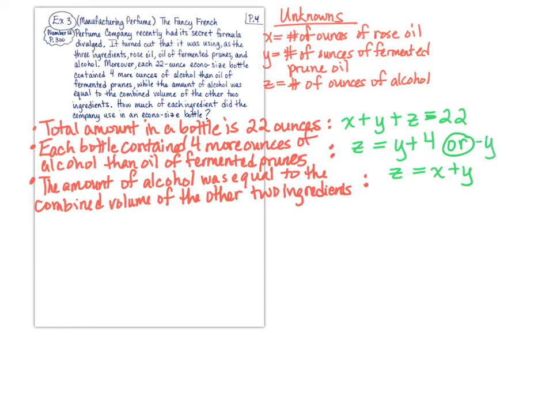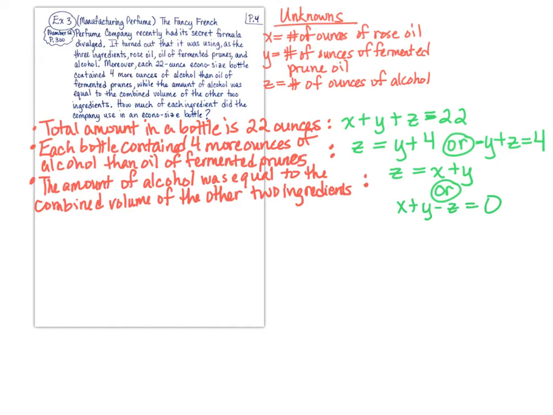Very good. Negative Y plus Z equals 4. What's the last one here? We have Z is equal to X plus Y. X plus Y minus Z equals 0. Okay? So those are our equations.